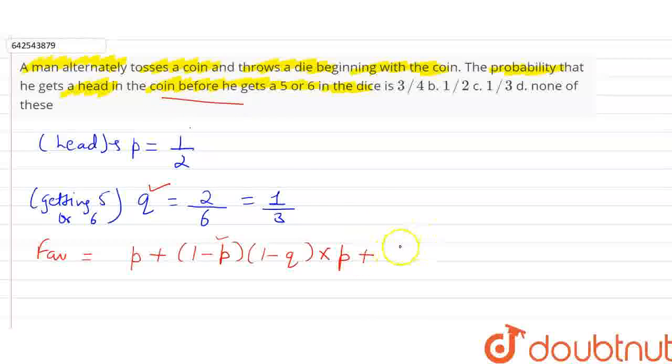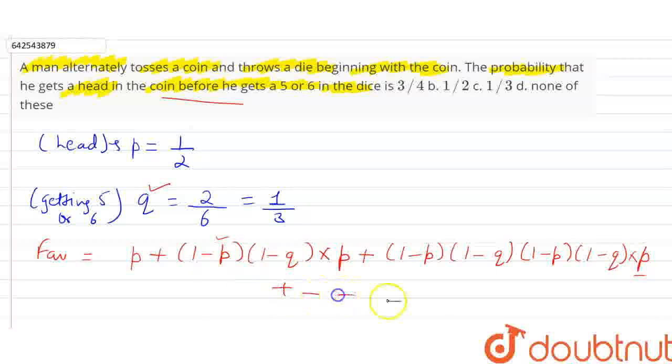Plus the other condition would be he doesn't get a head, he doesn't get a 5 or 6 either, that is 1 minus Q, and the next time he also doesn't get a head, he doesn't get a 5 or 6 either, then he gets a head, that is P, and this series will go on up till infinity.